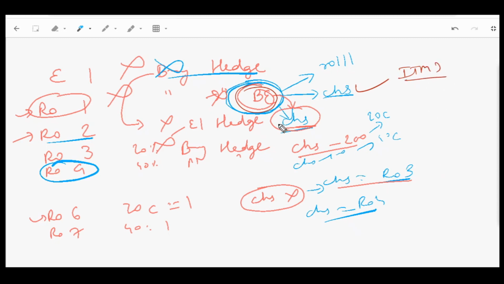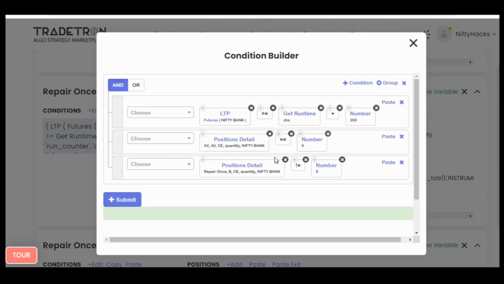That can also happen, right? So before RO3 and 4 there is the possibility of RO5. So that's why we are checking that any one RO buy hedge is present, to check that the break-even hedge has been bought. So this is just to buy that.